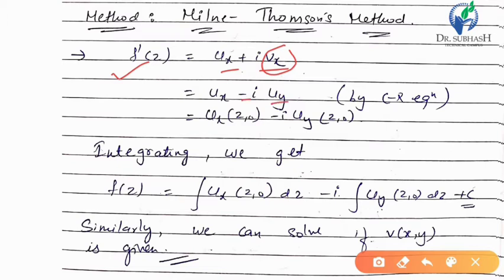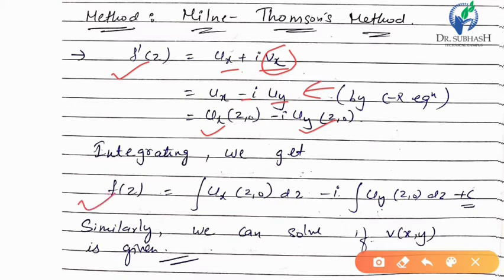In the next step, I will put x equal to z and y equal to 0 in the whole equation. So I will get ux(z,0) minus i uy(z,0). After getting this equation, I will integrate this with respect to z.